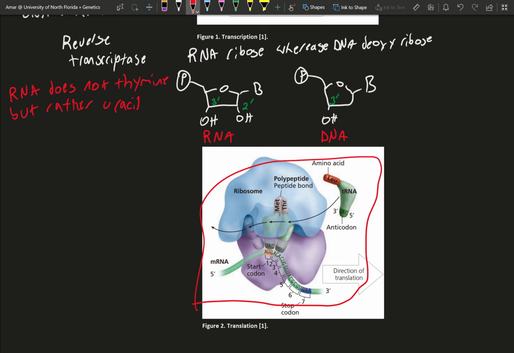This ribosome, using these tRNAs, is going to interpret what the sequence is and add appropriate amino acids to your growing polypeptide chain.